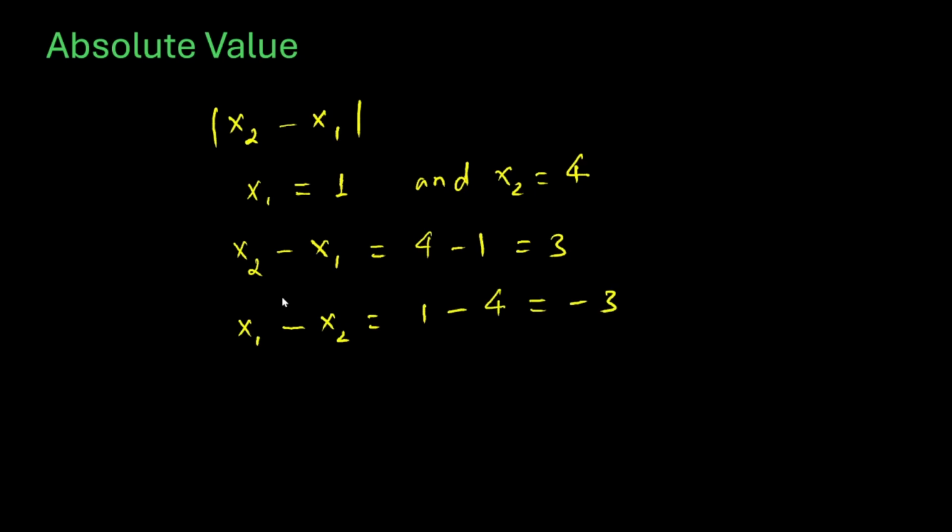So we want a way so that when we subtract x coordinates either way, whether x2 minus x1 or x1 minus x2, the result is always positive. So what this absolute value notation does is, if you have a positive number inside it, it just gives its positive, which is 3.